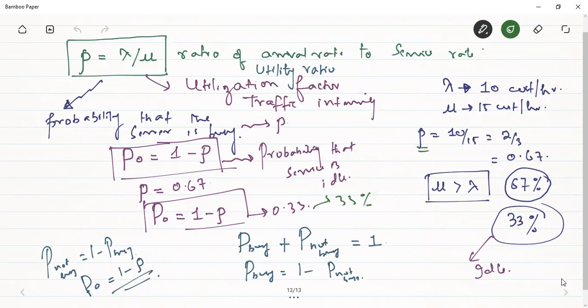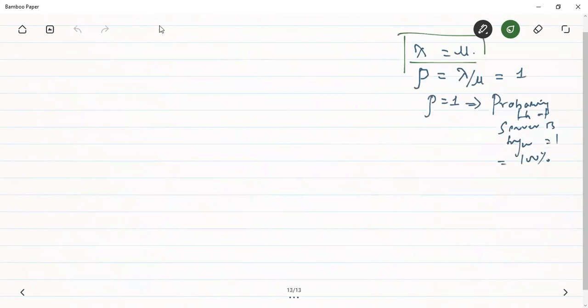But here in this case, rho is equal to 1, then the probability that the server is not busy will be 1 minus rho, that is 1 minus 1, that is 0%. Okay, the server will always be busy.